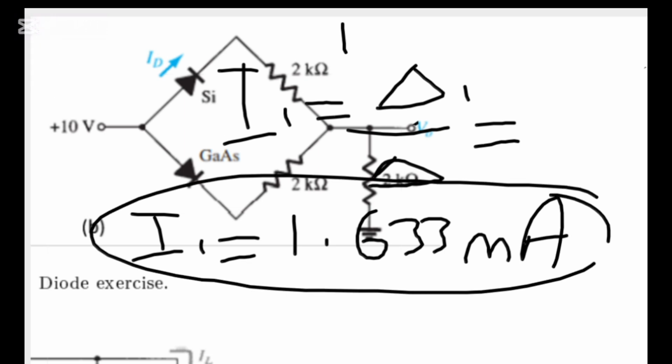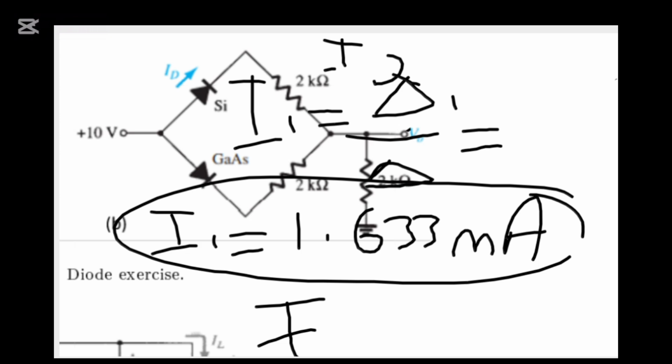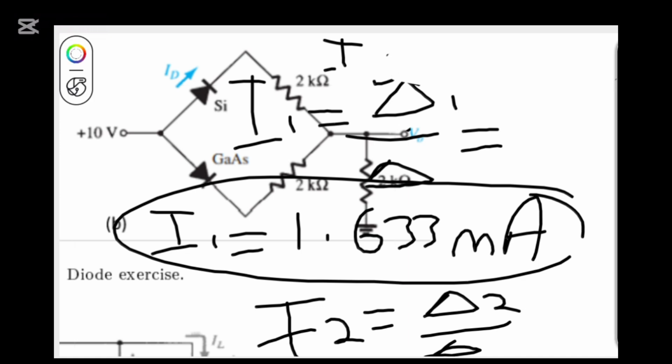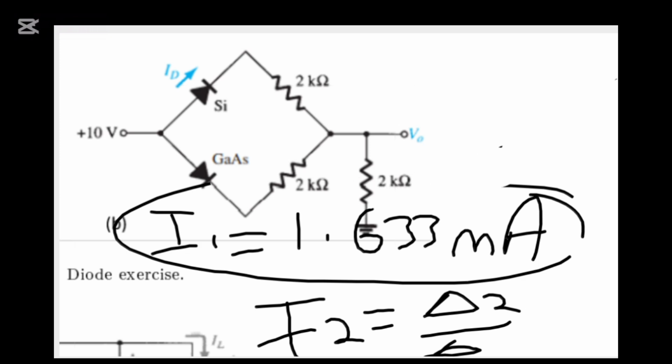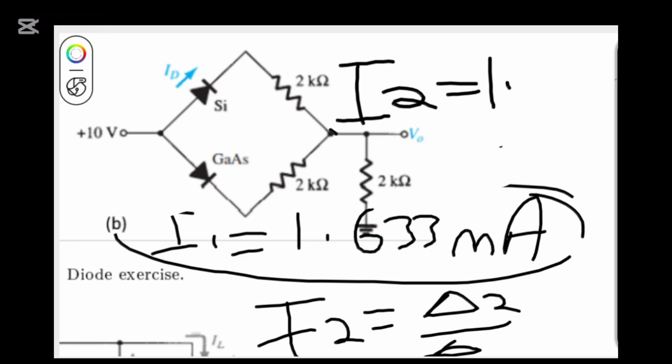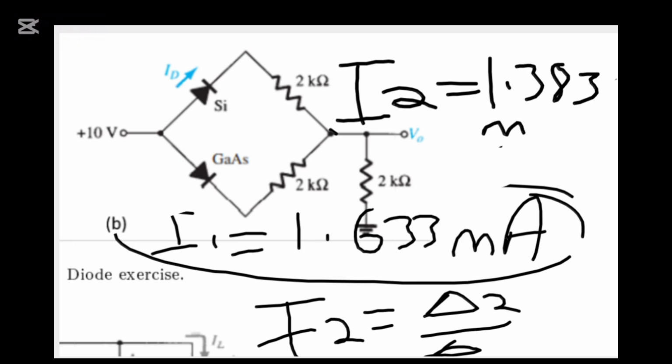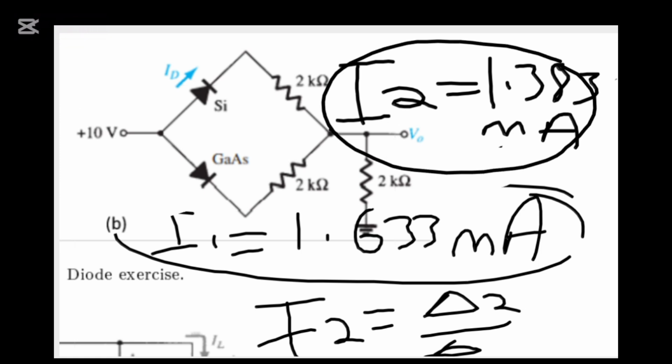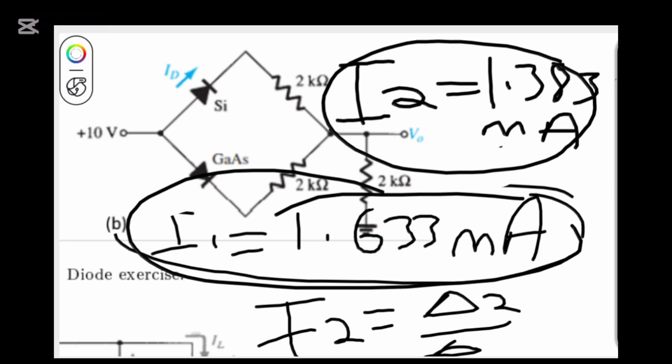And also for I2 is the same thing as the delta 2 over the delta. So what will be the value of I2? The value of I2 after dividing this, it is equals to 1.383 milliamps. So this is the value of I2, and this is the value of I1.